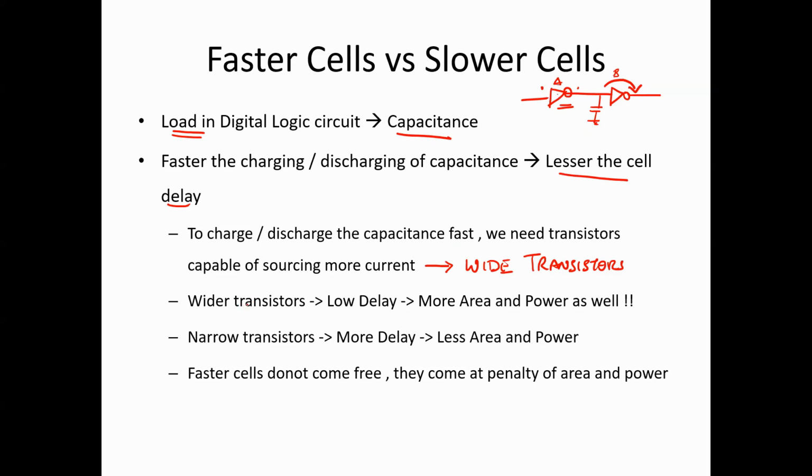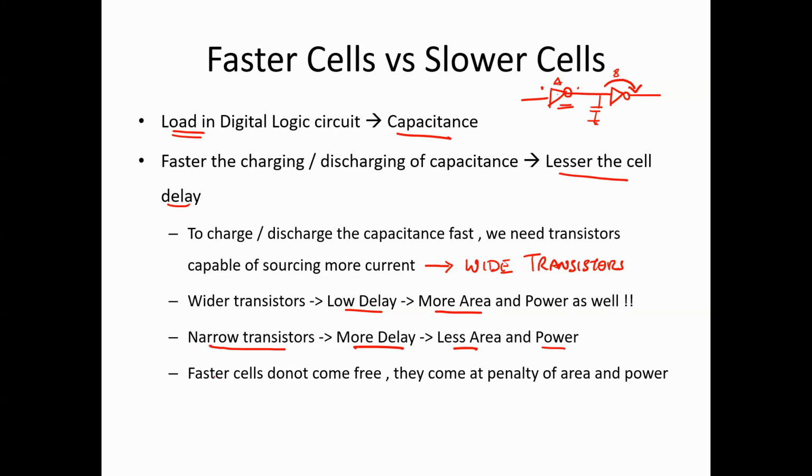So the wider the transistor, the lower will be the delay, but the price I'm going to pay for it is more area, because a wide transistor occupies more area, and it's going to consume more power as well, because it's going to draw more current. Narrow transistors will have more delay, but the advantage I get is less area and less power. So faster cells don't come free, they come with the penalty of area and power.